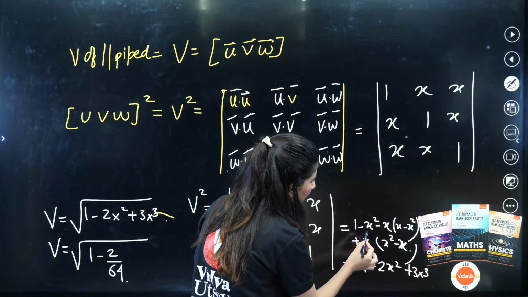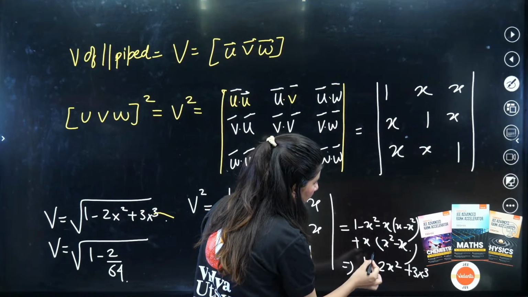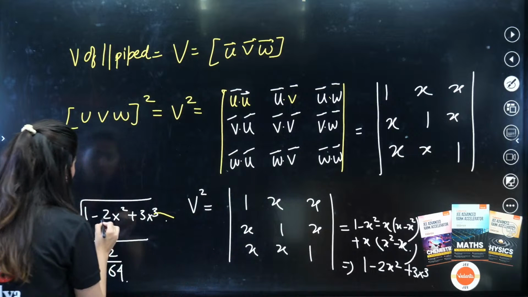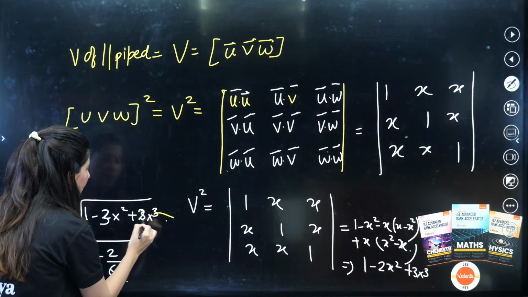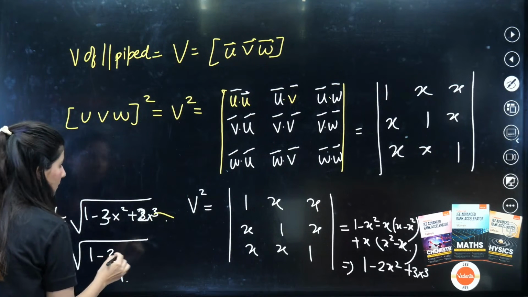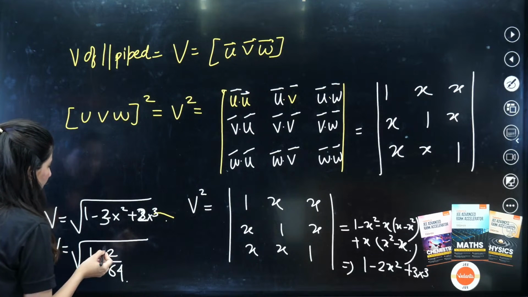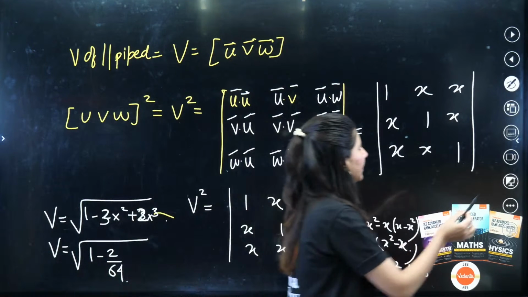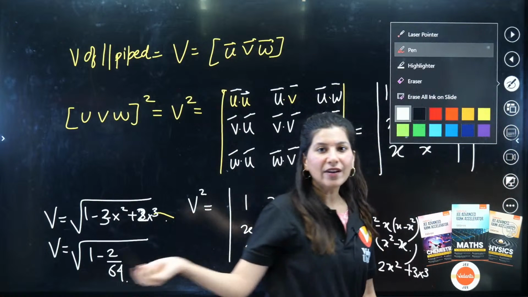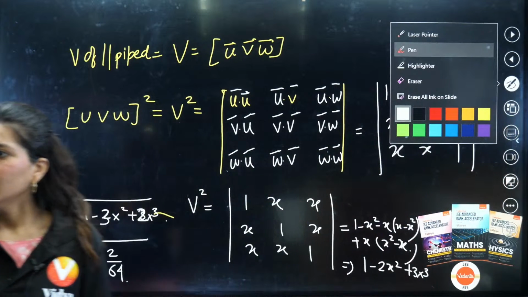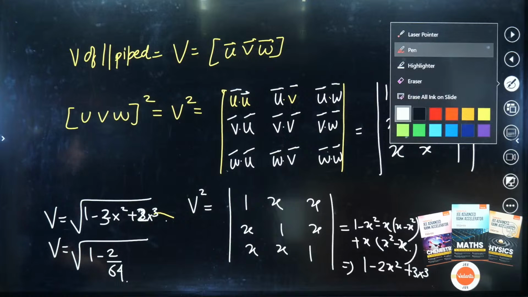So minus 3x square will be there, and this is 2x cube. Yes, minus 3x square plus 2x cube. After that, once you put the value, you will calculate the answer, yes or no?